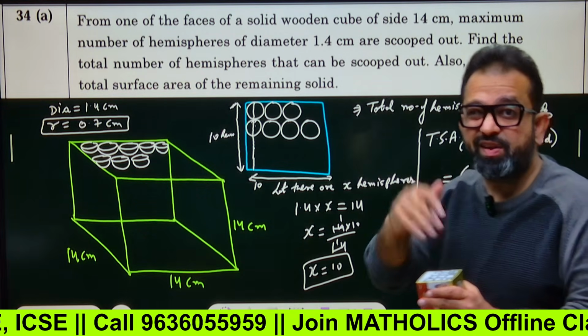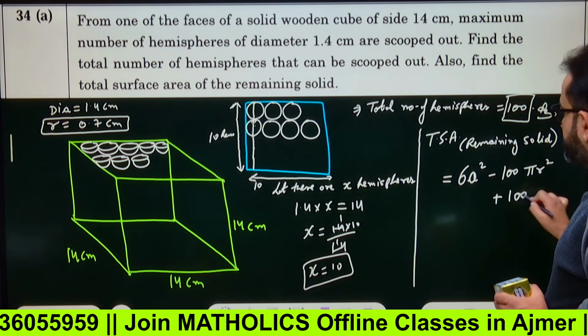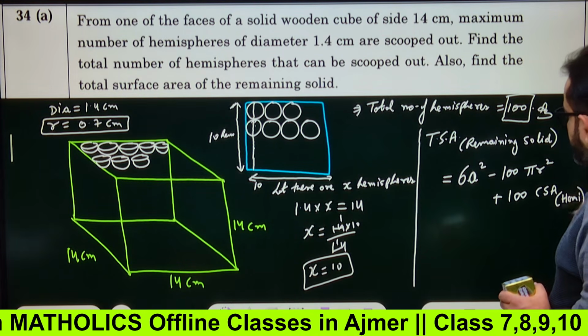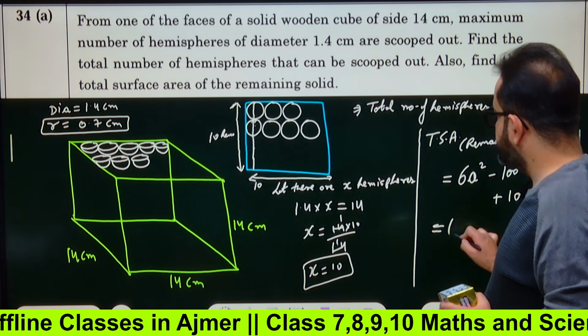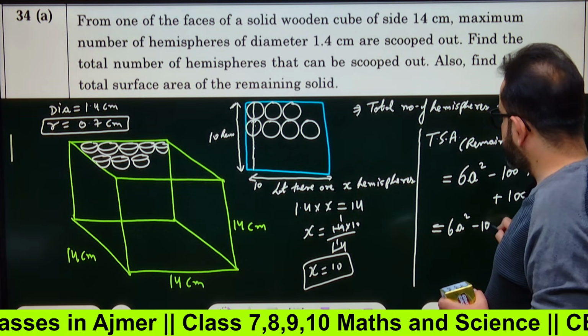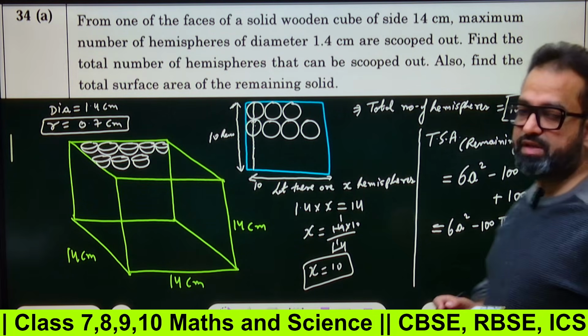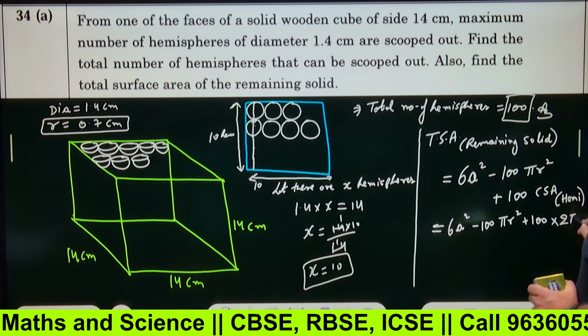So you have to account for 100 hemispherical surface areas. So we'll take 100 into the curved surface area of a hemisphere. That means 6a square minus 100 pi r square plus 100 into, what is the curved surface area of a hemisphere? It is 2 pi r square. So 100 into 2 pi r square.